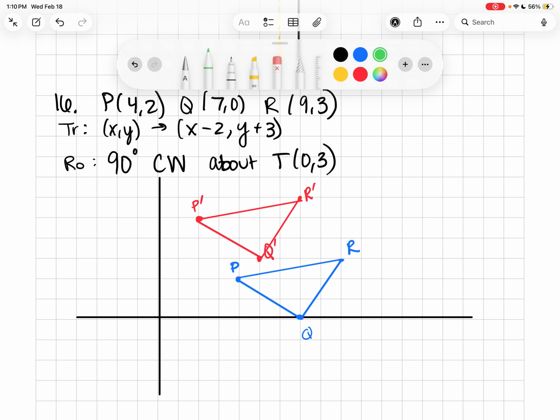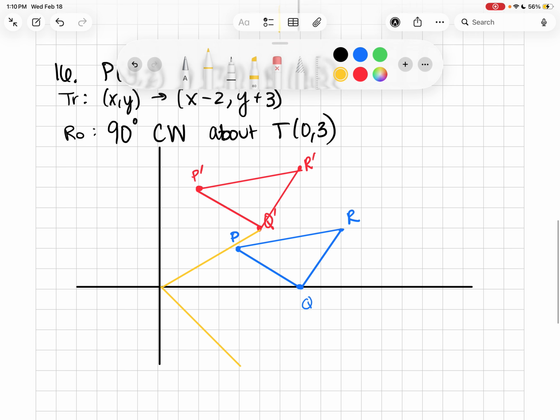A rotation of 90 degrees should look approximately 90, but I'm not going to get out a tool and measure it to make sure you did it exactly. So I would say take this point here and draw a line there. And then I would try to make a 90-degree angle here for what that looks like. Again, it's going to be approximate. Not going to be crazy picky about it.